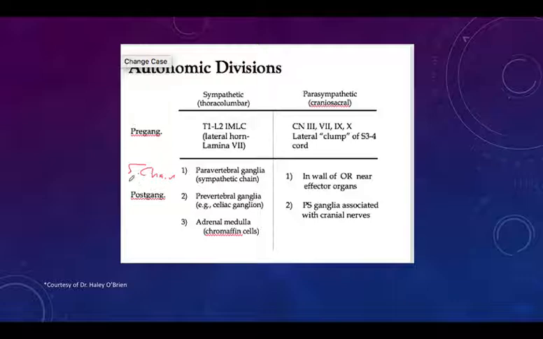The most popular is what's going to be called the sympathetic chain. The sympathetic chain is also called the paravertebral ganglia. And be comfortable with the terminology. Don't get confused between para and pre. Paravertebral is alongside the spine, and the prevertebral ganglia is located more in the abdomen.